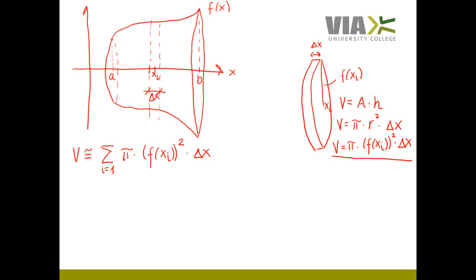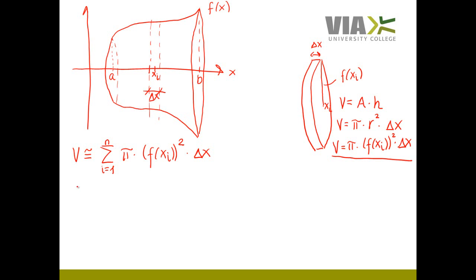So if we let delta x tend to 0, that is, if we let the small pieces which we cut out be smaller and smaller, the sum of all these volumes will be closer and closer to the exact volume of the entire solid which we get when we rotate f(x) about the x-axis.